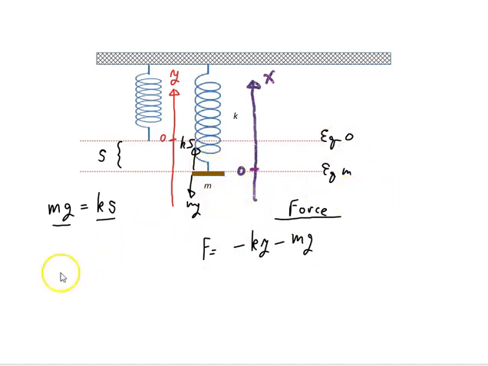Now, x minus s is y. And you can convince yourself of that: if x is a distance s away from 0, then that's when y is 0.